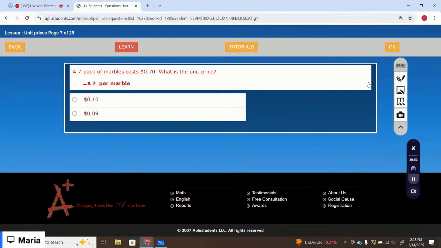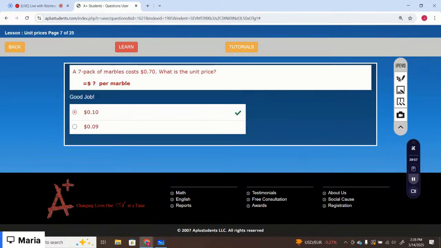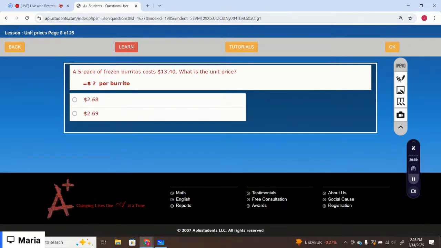Option number 1 is the correct option. A 5 pack of frozen burritos costs $13.40. What is the unit price?